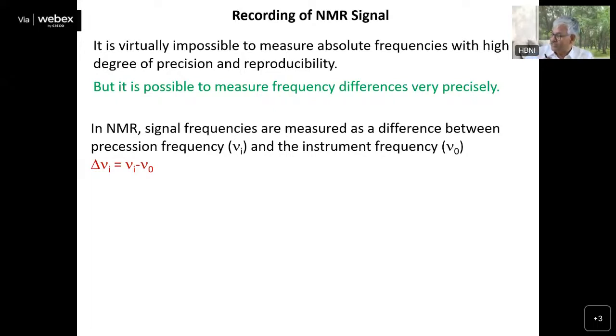You must remember that this is exactly what we do in the rotating frame. We rotate the frame, and it is nothing but the nu zero. So whenever we measure signals, you see the offset signals. We never record any signal in megahertz; we always record the signal in kilohertz or hertz.